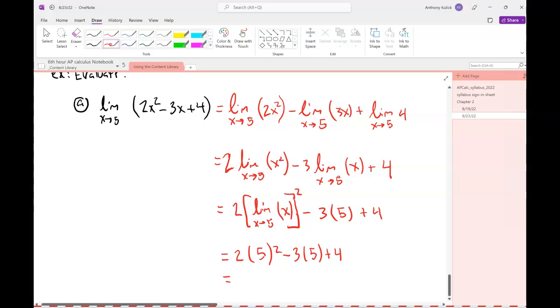So what do I got here? 5 squared is 25 times 2 is 50 minus 15 is 35, and then plus 4 is 39. So there's my answer.